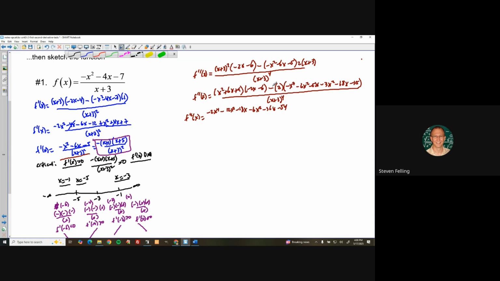So negative negative is positive 2x cubed, negative negative positive 12x squared plus 10x plus 6x squared plus 36x plus 30. Wow. Okay, over x plus 3 to the fourth.